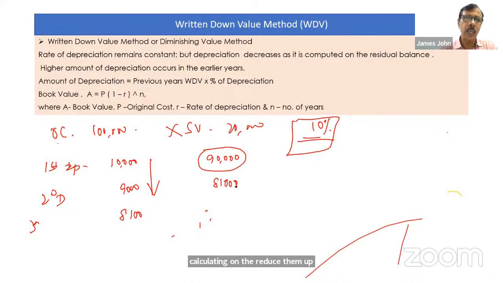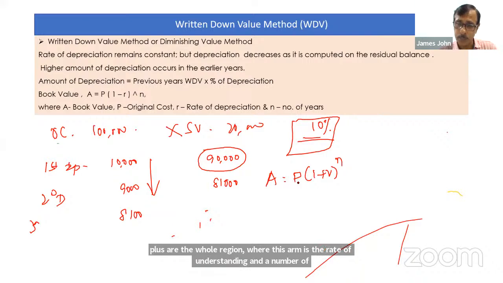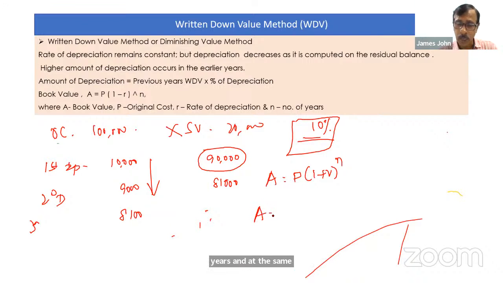Understand? So we can make use of the formula, which is similar to the compound interest. In compound interest, I have given you a formula: A is equal to P into 1 plus R the whole raised to n, where R is the rate of interest, n the number of years and P the principal amount. Same formula you can use for written down value method with a small change.